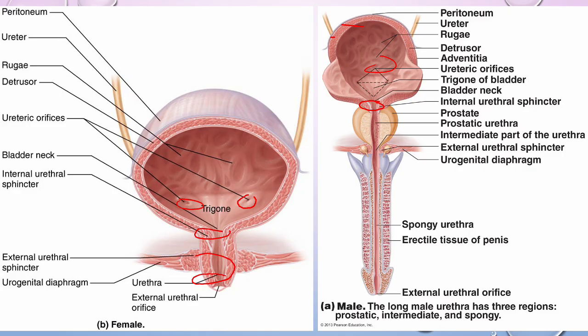What changes in the male is that we're going to have a prostate and we're going to have spongy body. So our urethra is going to be called prostatic urethra in the prostate, and then membranous urethra by the membranous of the pelvic floor, and then spongy urethra when we are around the spongy bodies, right?